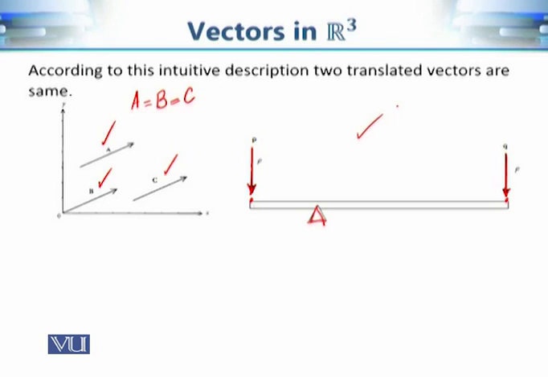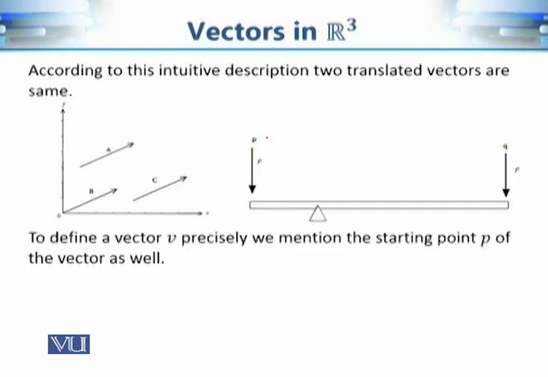So what should be added? That's a little question for you to think about. What should we add in this definition of a vector so that it becomes precise? From this very simple situation, we can easily see that by just adding the point of application of this force, we can precisely define the difference between the effect of these two force vectors.